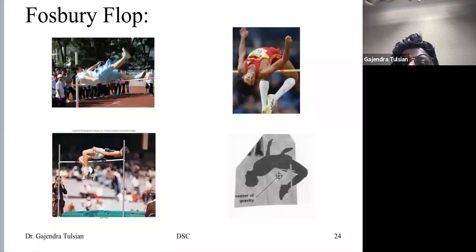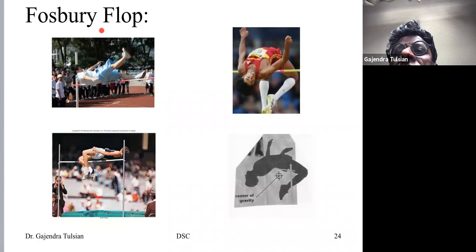All right, so here's an interesting thing. This thing is called the Fosbury flop. I believe he was a Norwegian. He invented this flop somewhere in the late 60s. And the idea is as follows.